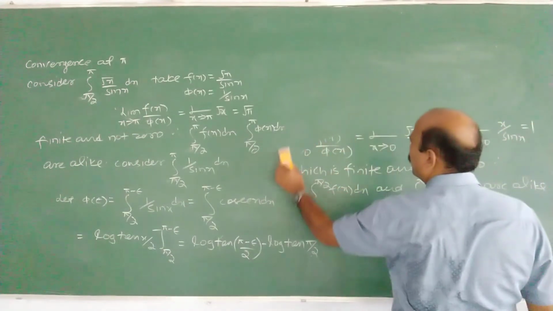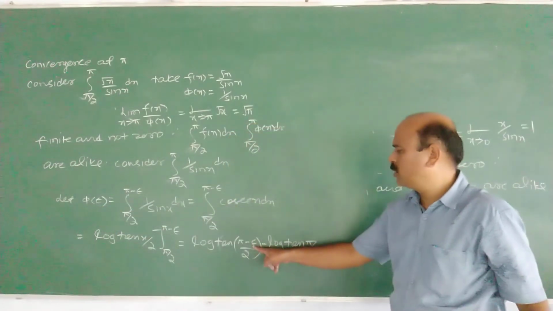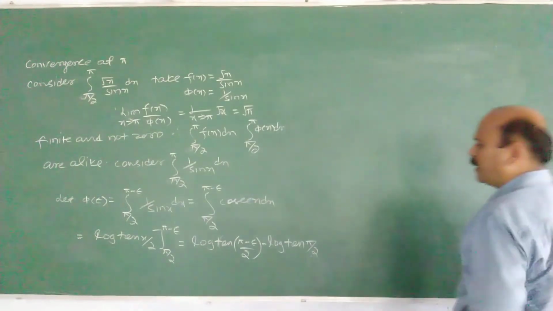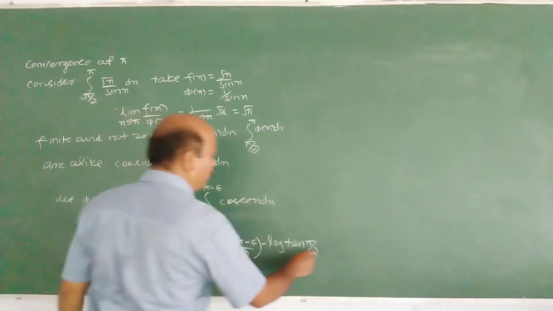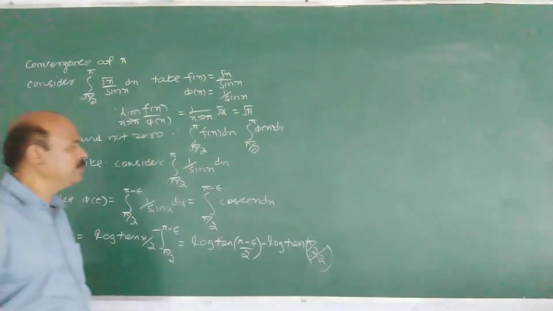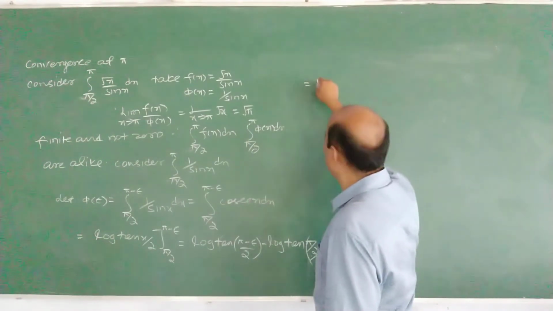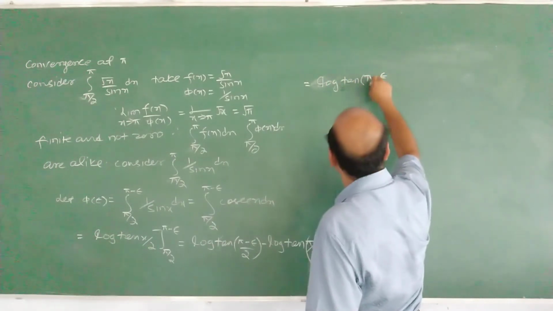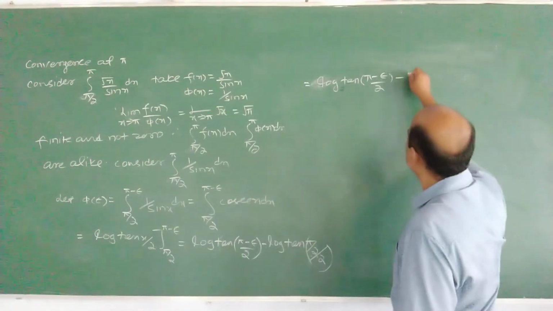By definition of convergence, if the limit of this phi of epsilon as epsilon tends to 0 exists, then we say that this improper integral converges. Log of tan of pi by 2 upon 2 is there because x by 2. It is therefore log of tan of pi minus epsilon by 2 minus log of tan pi by 4, which is log 1, that is 0.